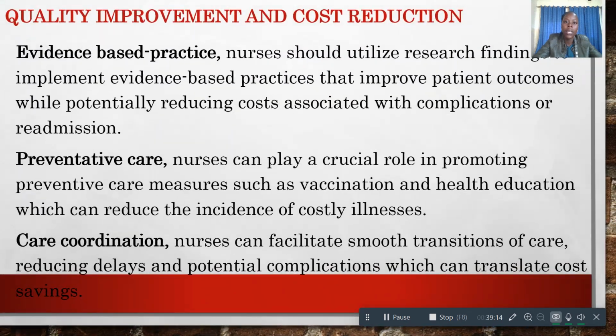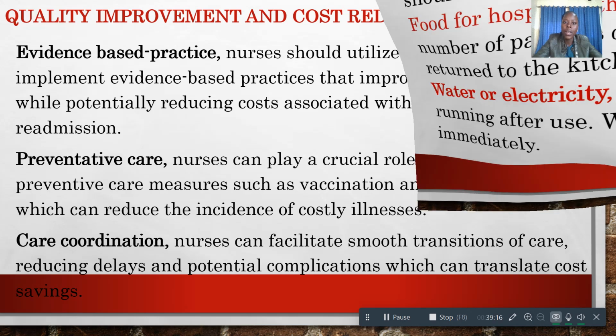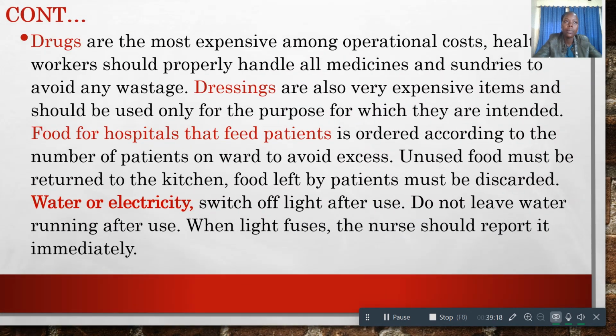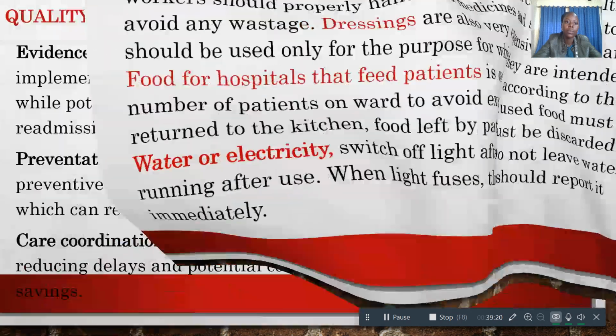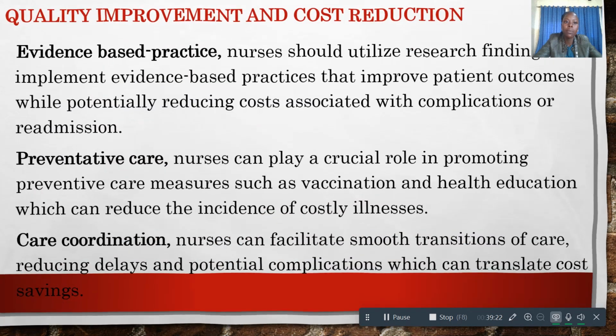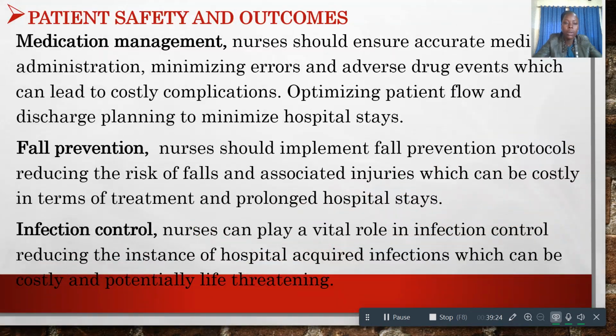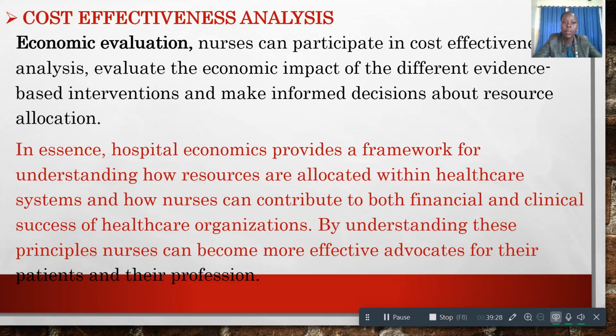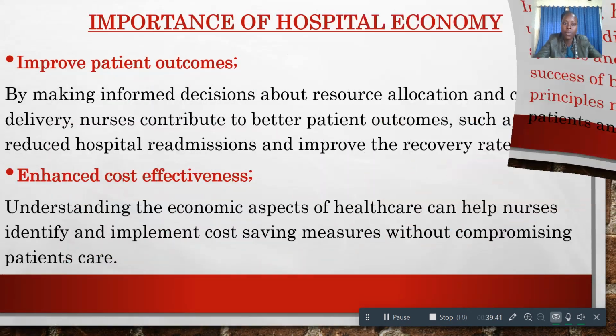We also looked at quality improvement and cost reduction, that was our second principle. Then we looked at patient safety and outcomes. And lastly, we've looked at cost effectiveness analysis. So by understanding all those principles, nurses can become more effective advocates for their patients and also their profession.